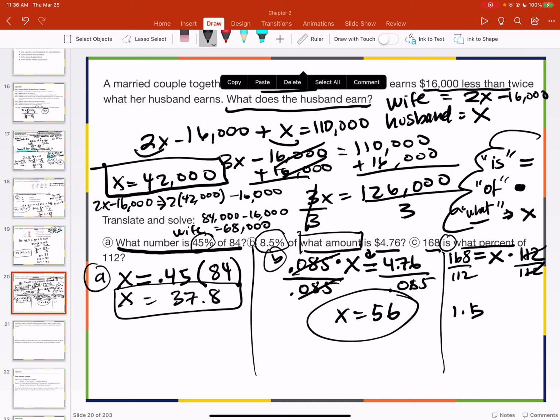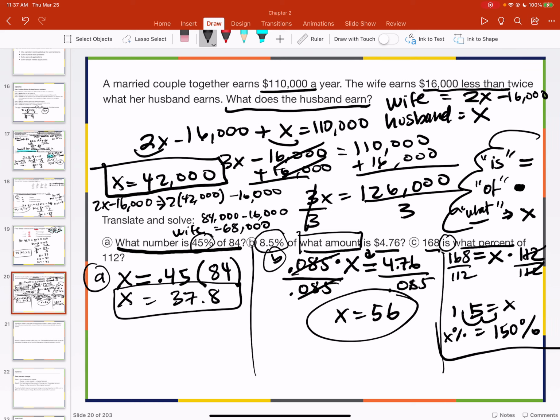So 1.5 is equal to X, but we need to describe it as a percentage. So we need to move the decimal place 2 spaces over. So X percentage is 150%.